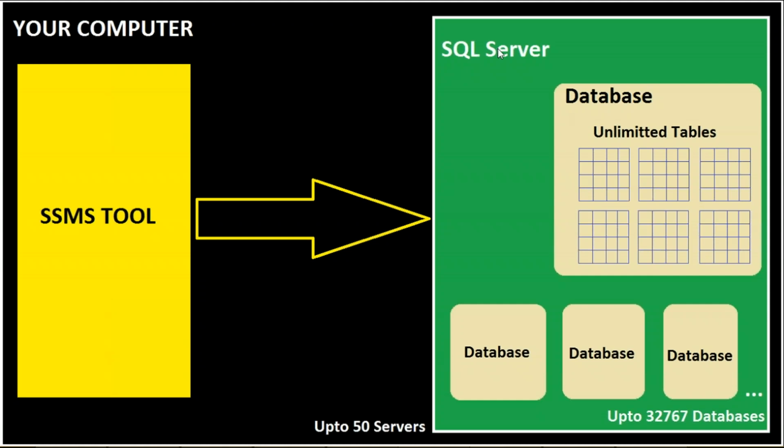So: server, database, tables. A server can have up to 32,767 databases inside, and each database can have an unlimited number of tables to store the actual data.